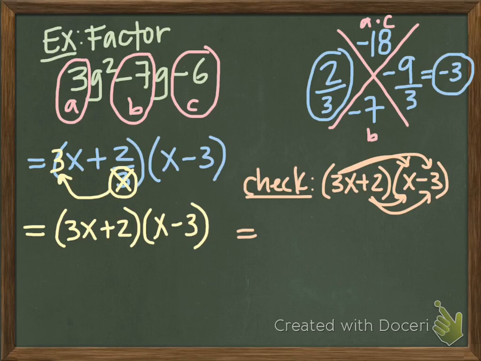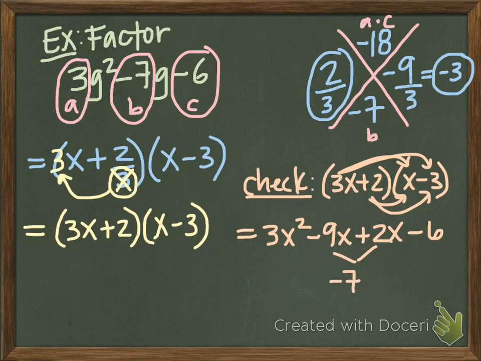So 3x times x is 3x squared. 3x times -3 is -9x. 2 times x is 2x. And 2 times -6 is wrong, so correcting: 2 times -3 is -6. Combine those two middle terms, -9x plus 2x combines to -7x, minus 6. 3x squared's in the front.